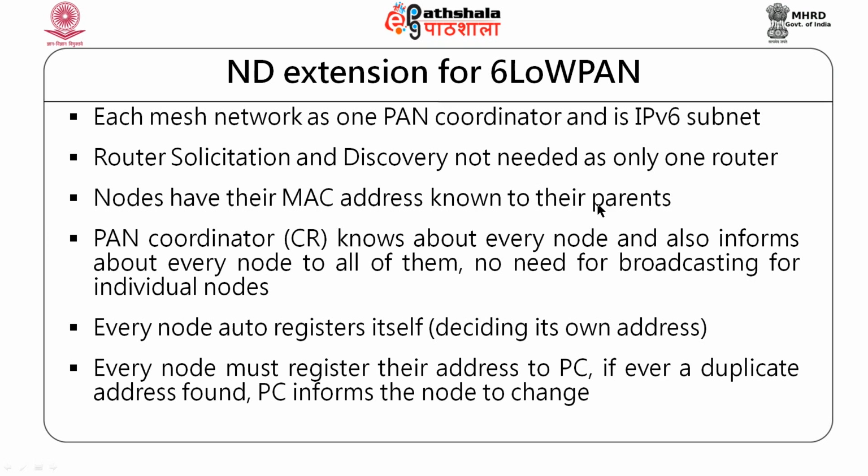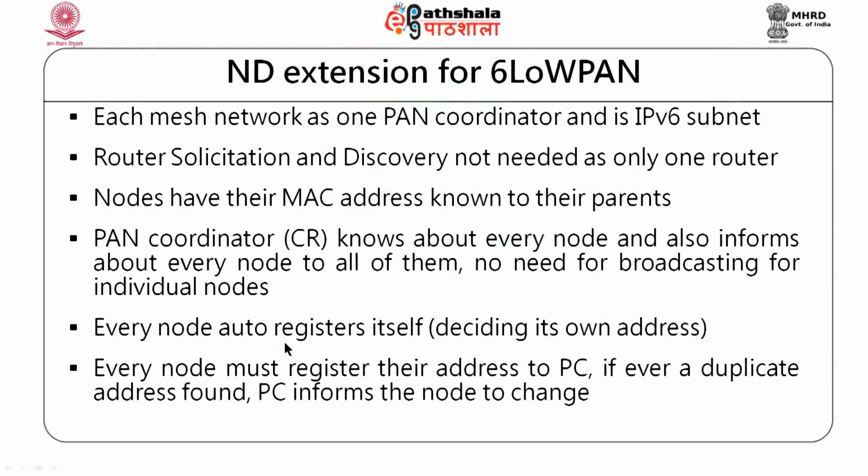For learning about MAC, you do not need to broadcast because you just let your MAC address be known to your parent, that parent will let its parent know, and eventually it reaches the central router. The central router will collect all that information and distribute it, so nobody else is going to broadcast and consume more energy.